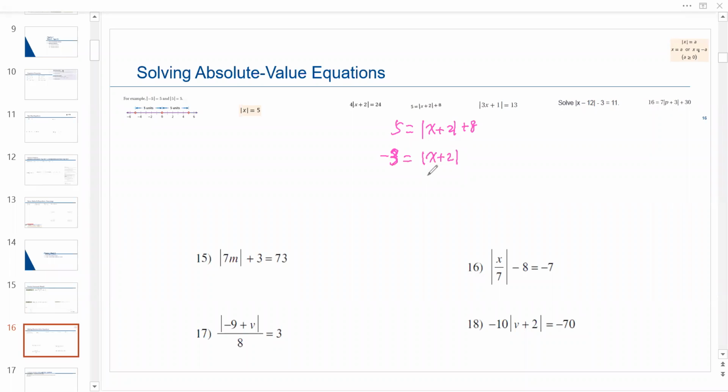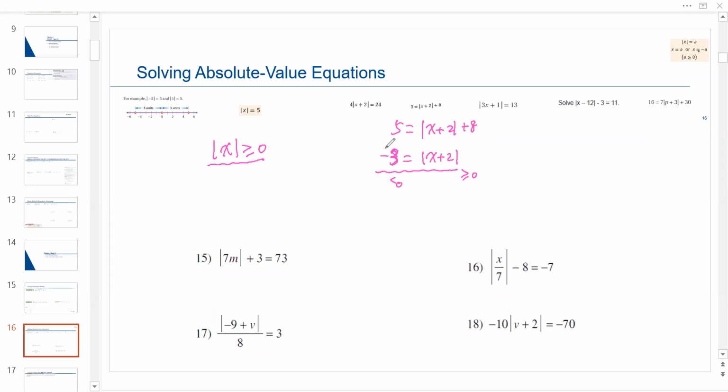The absolute value of x plus 2, any distance, is always greater than or equal to 0. The right part is greater than or equal to 0, and the left part is less than 0.